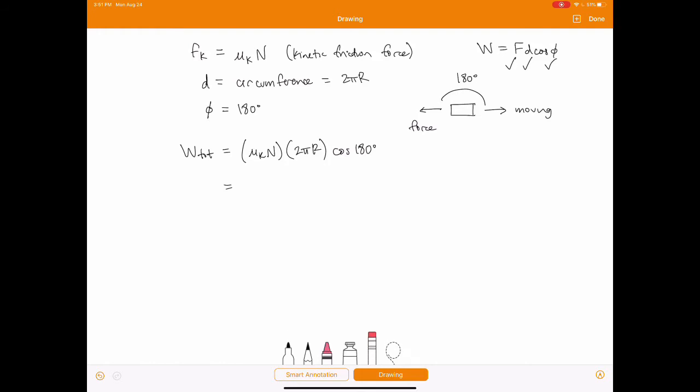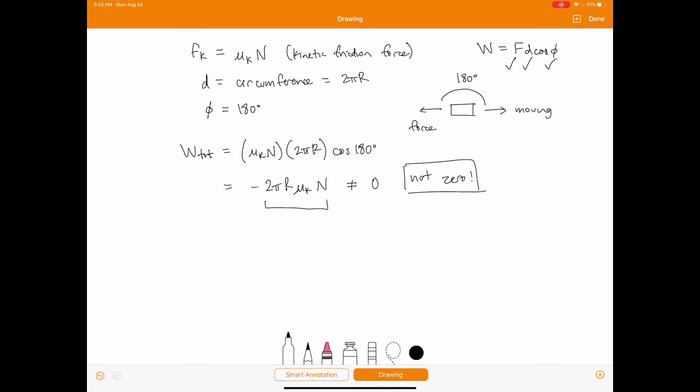So overall, we have a negative sign out front, and then we have 2 pi times r times mu k times n. And really, I'm not so concerned with this exact formula. I just want you to note that we did not get 0 this time. So it's not 0.